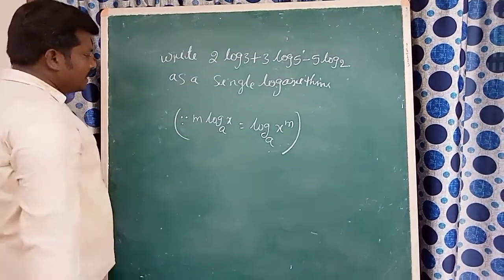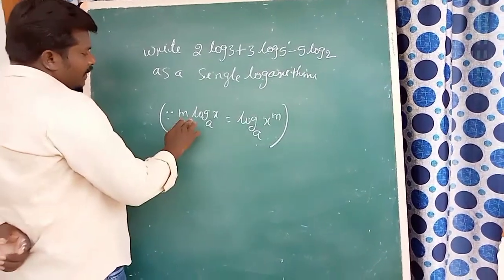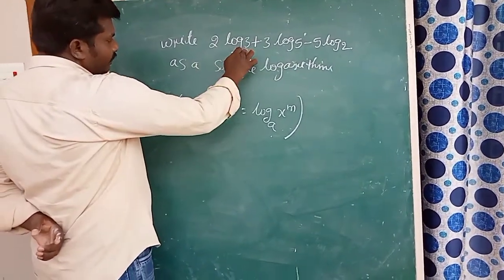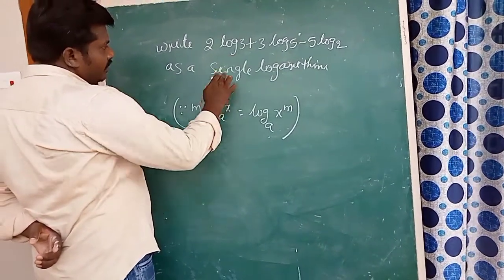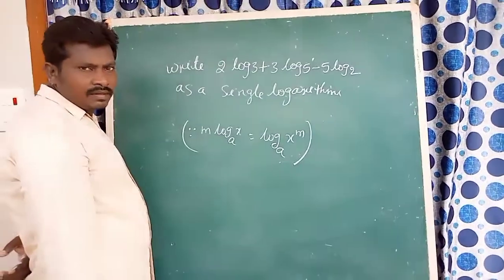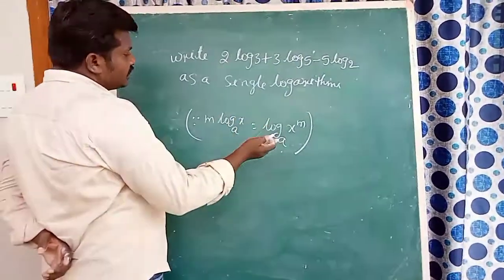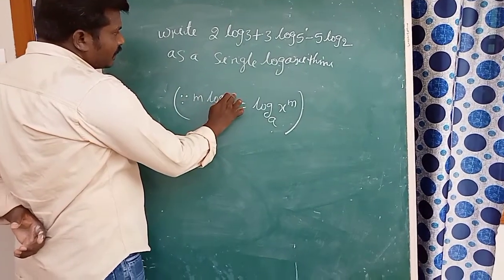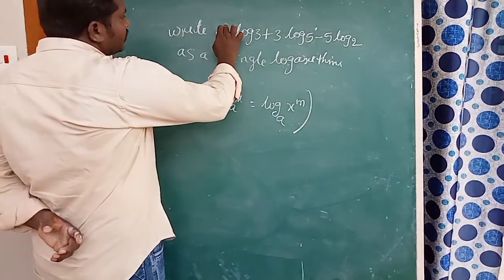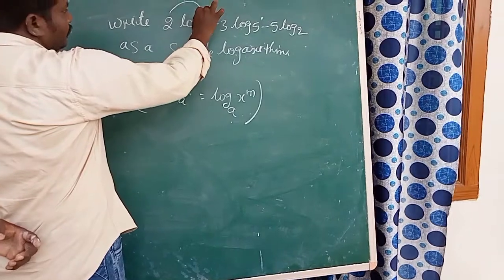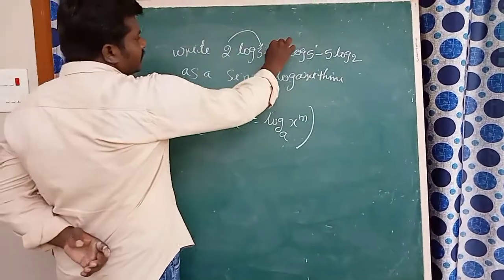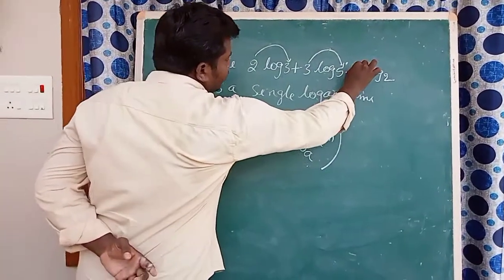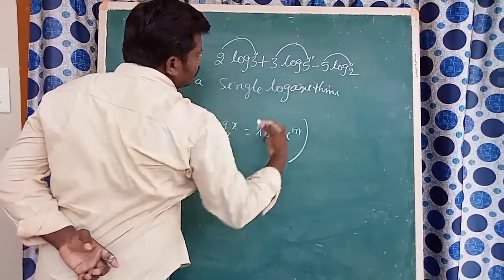Now see, apply that one. Compare this: m value 2, x value 3, base value a. Here base value 10, because base is not given. Now send this m to the power of x like that. Send this 2 to the power of 3, send this 3 to the power of 5, and send this 5 to the power of 2.